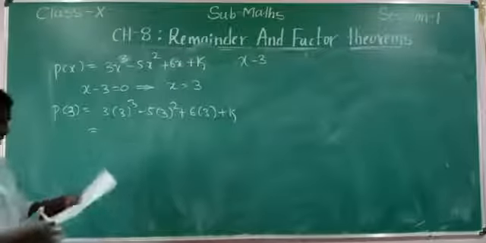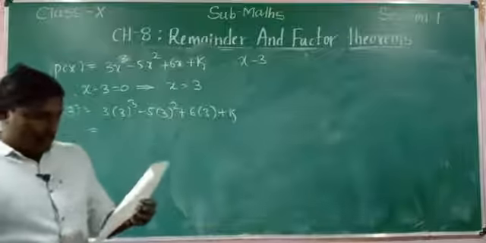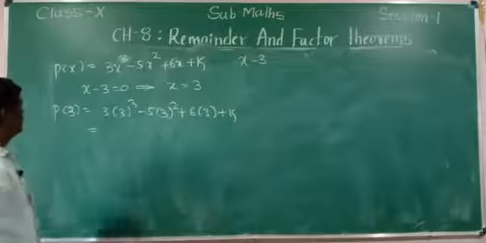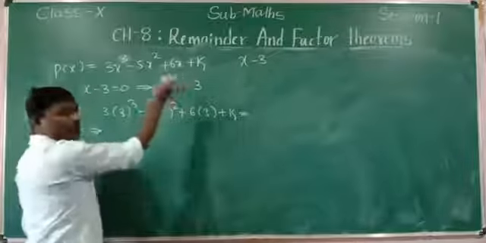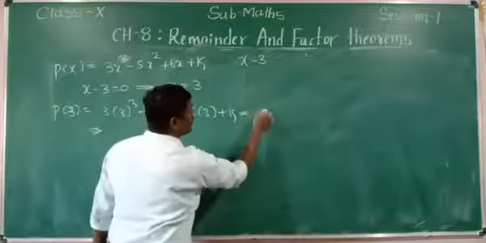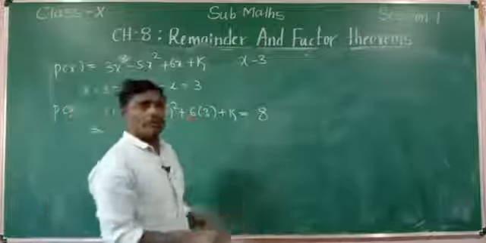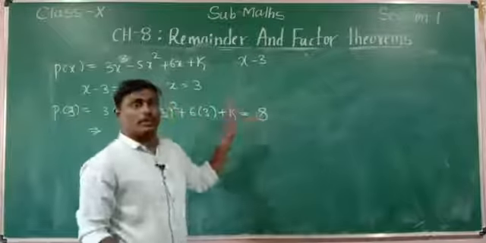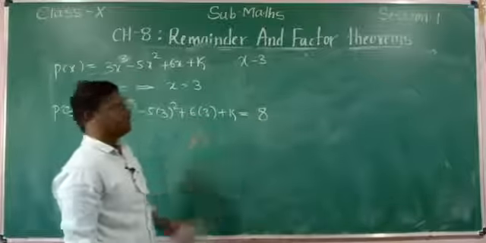And it leaves the remainder 8. So the remainder is considered as 8. The remainder is always equal to the whole expression.